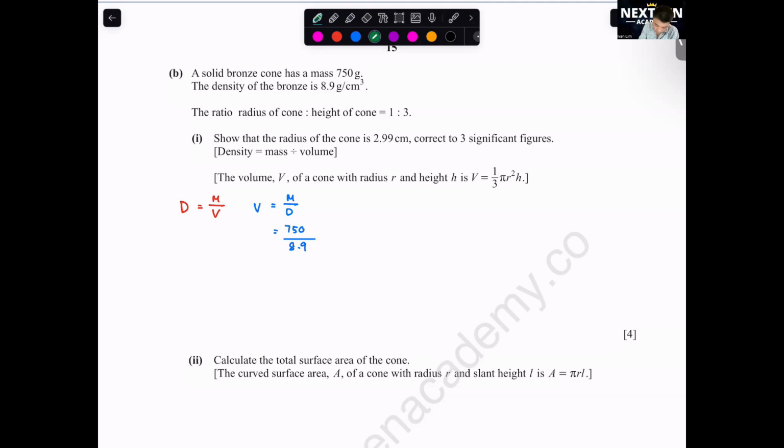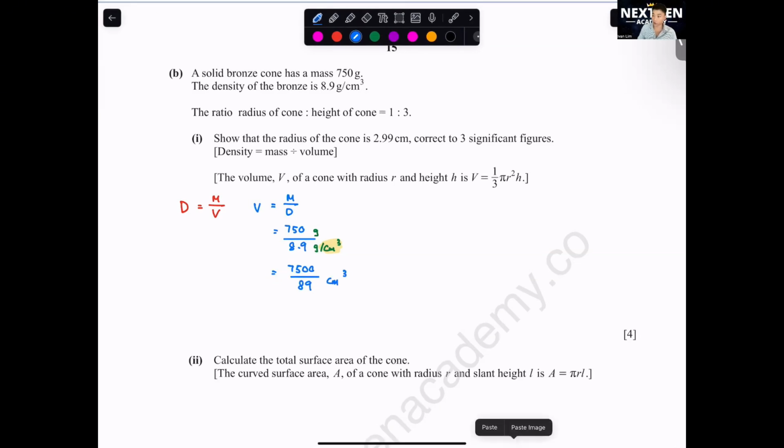You all need to observe the unit here, gram and gram per cm cube. So your final unit will be cm cube for your volume. So 750 divided by 8.9, you get 84.27. Because it's an irrational number, you can leave it as 7,500 over 89 cm cube. I think this will be a better value.